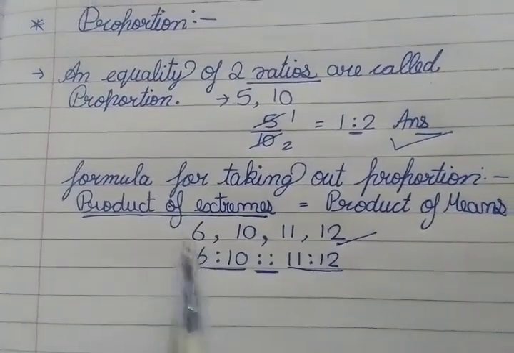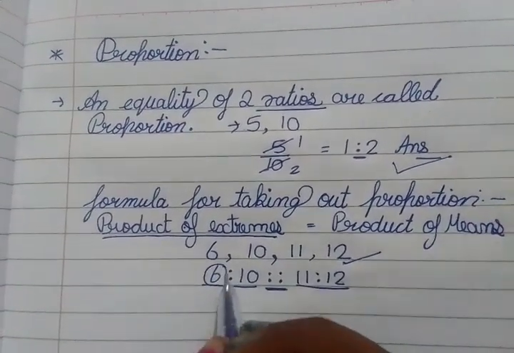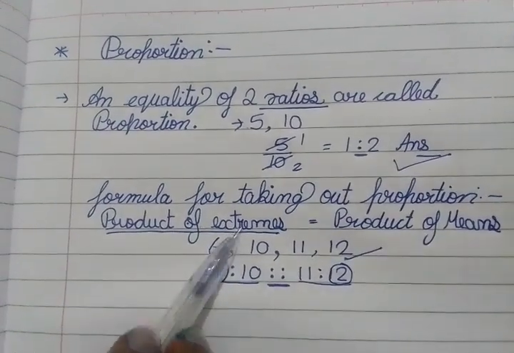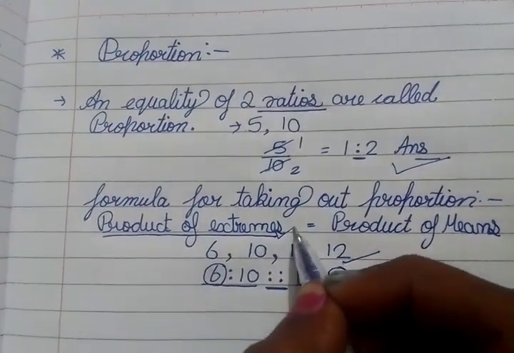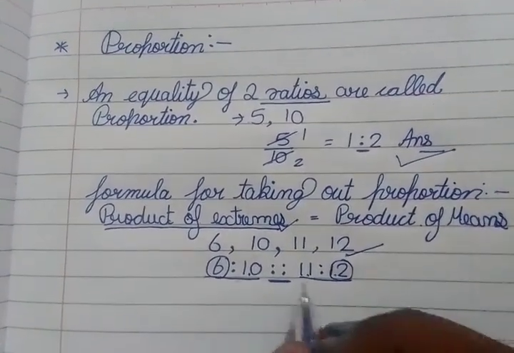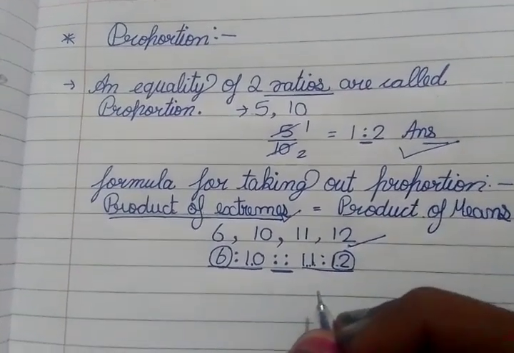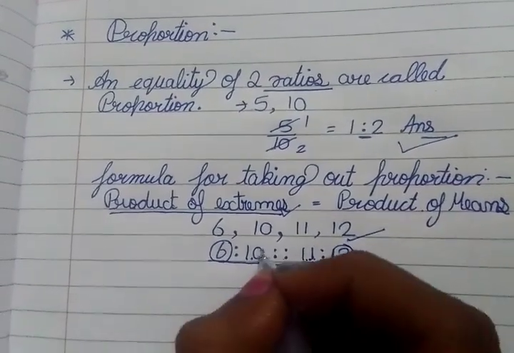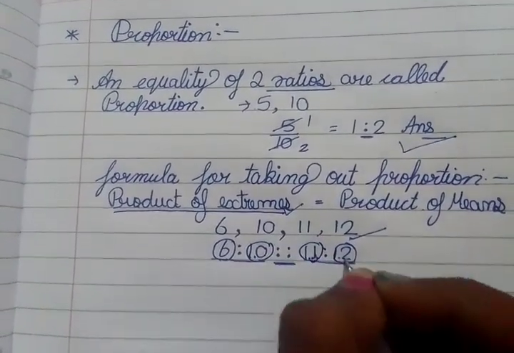The first and fourth term of proportion are known as extremes. Product means multiplication. So 6 into 12 is the product of extremes, and product of means is second and third. Second and third terms of proportion are called middle terms or means.